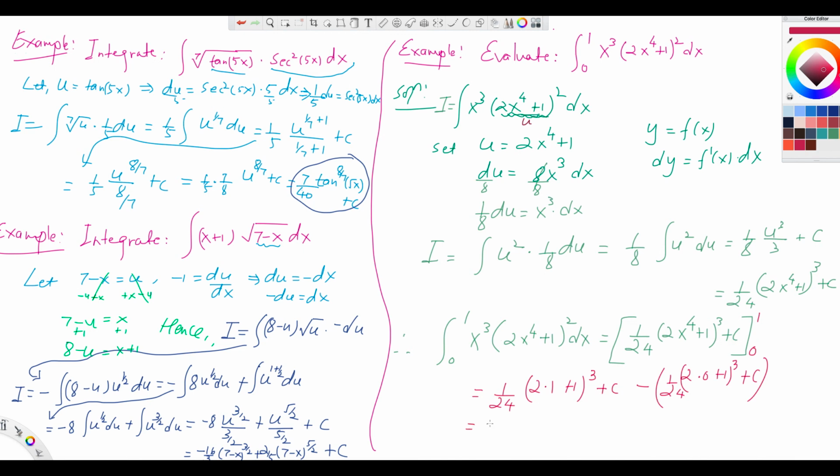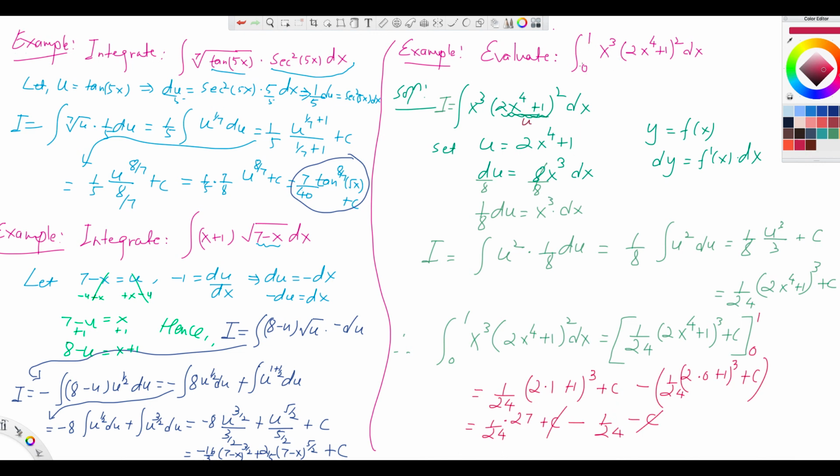So what you get here is 1 over 24 times, 2 times 1 is 2 plus 1 is 3, to the 3 is 27. You see that? Plus c, minus, how much is that? 1 over 24 times, 2 times 0 is 0 plus 1 is 1, to the third is how much? 1, right? So 1 over 24, and then minus times plus is minus c. You see that? The c and c cancel out. This is true for all definite integrals.